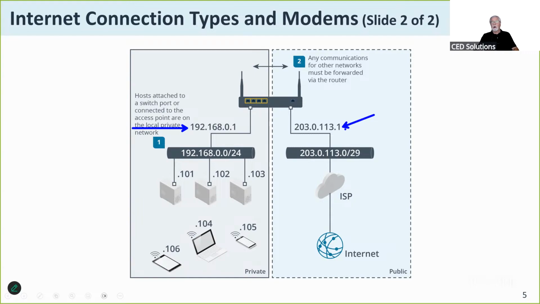And that's how all the traffic that goes out over the public internet sees this address. They never see these private addresses. Those are behind the firewall, behind the router, inside of a private company.